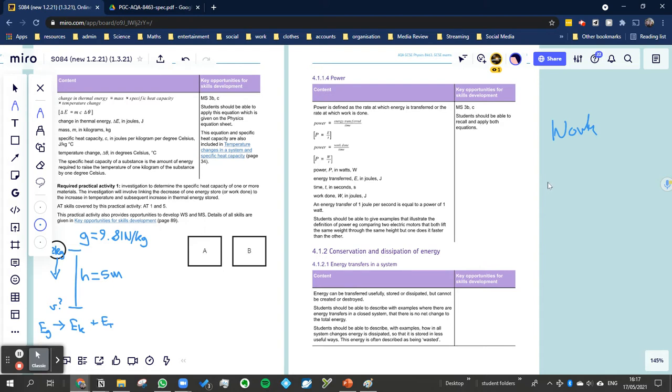So let's say we have a motor converting electrical energy into kinetic energy. Then the amount of kinetic energy it's produced is the amount of work it's done. Work is also the amount of energy that was used. Does it tell you here?